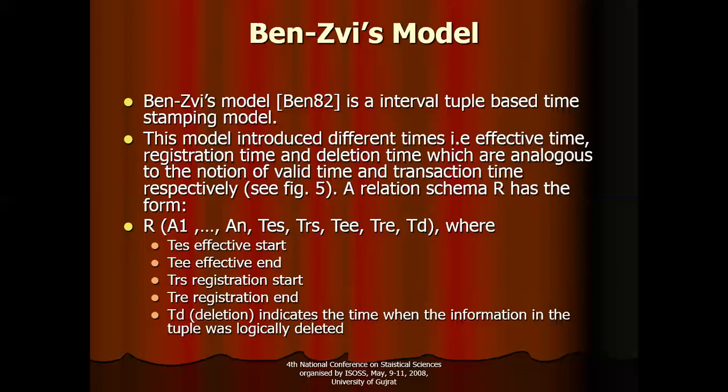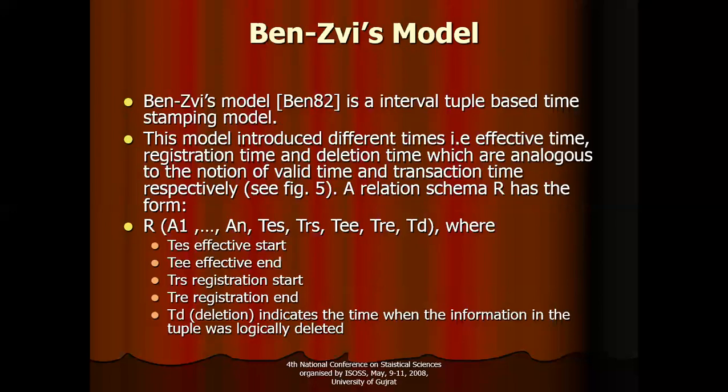So you can find the analogy between his various time attributes and the conventional time attributes which we have discussed. In this relation we have various attributes from A1 to AN, and then the effective start time, the effective end time, the registration start time, the registration end time, and the deletion time, which indicates when the information in the tuple was logically deleted.